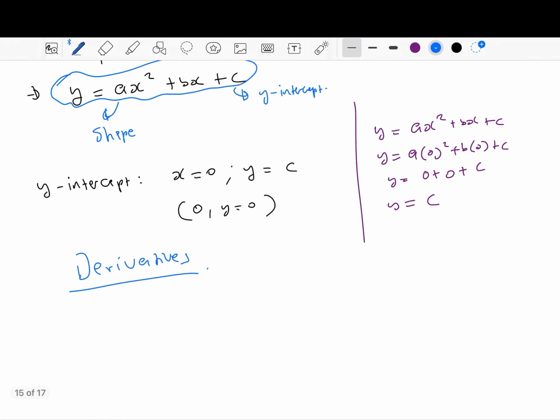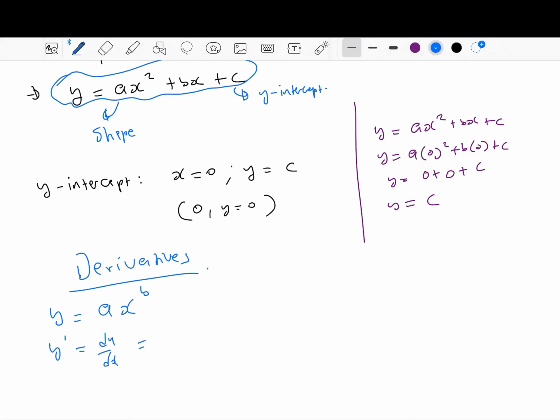What you really need to know with derivatives is this. If you have y equals a x to the power b, where a is just a constant number, any number, and x is again the independent variable, and you have to find the derivative of y, it is written as y dash, or other people say dy dx, which means deriving y with respect to x.